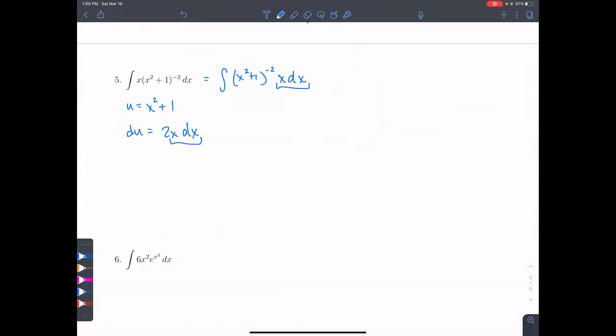I have that here, but I need to get it by itself. So I'm going to divide both sides by 2. So I have 1/2 du equals x dx. And then I can substitute that part in. So this is equal to the integral of u to the negative 2 times 1/2 du.